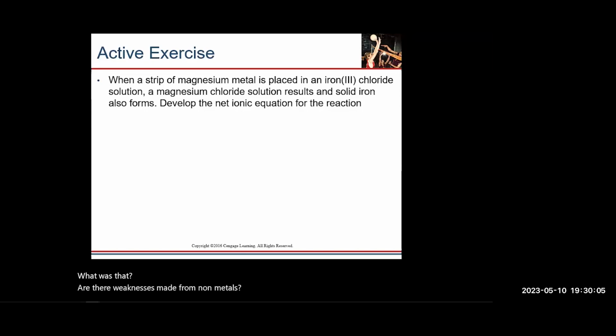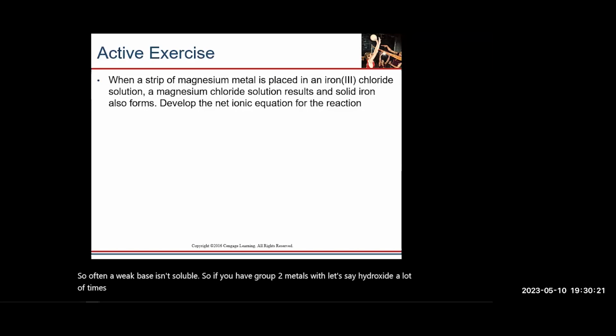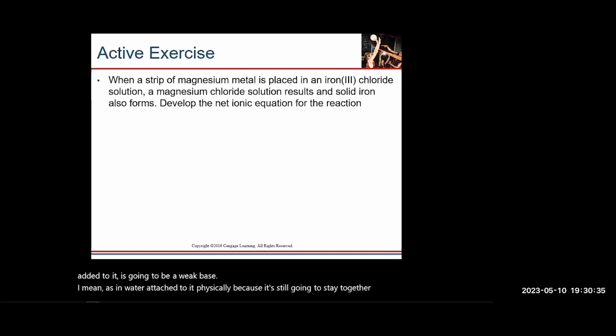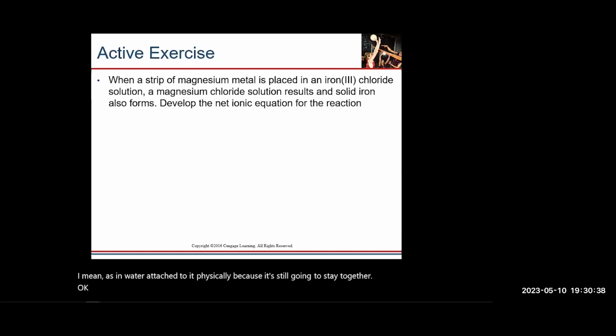So yeah, a weak base could be something that's made from a non-metal. So often a weak base isn't soluble. If you have group 2 metals with, let's say, hydroxide, a lot of times those are going to be weak bases. I believe barium hydroxide, unless there's water attached to it physically, is going to be a weak base, because it's still going to stay together. Okay. What about a weak acid?